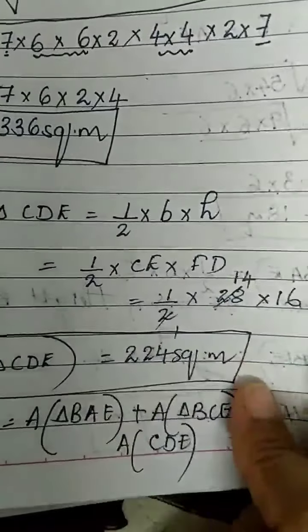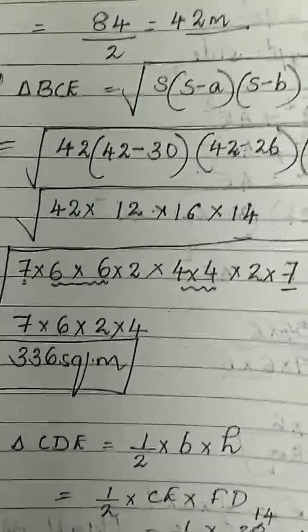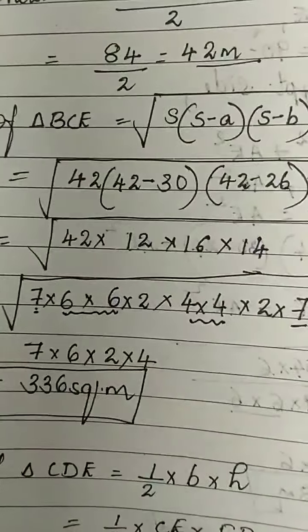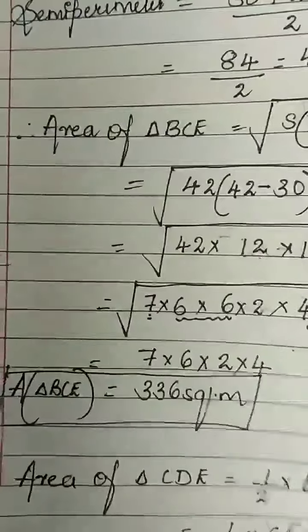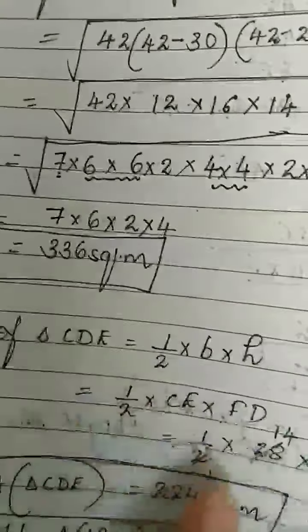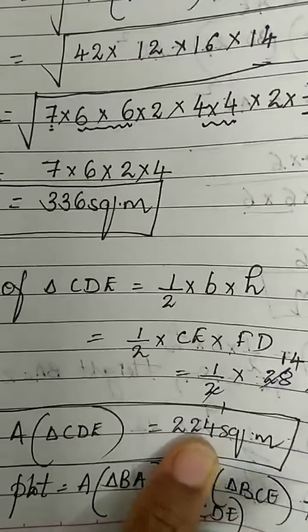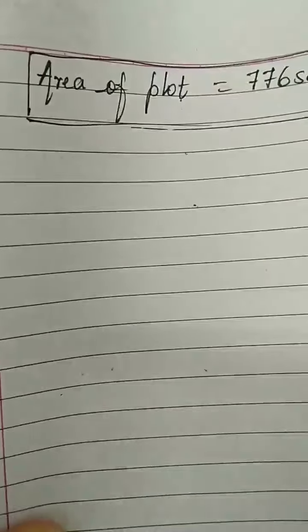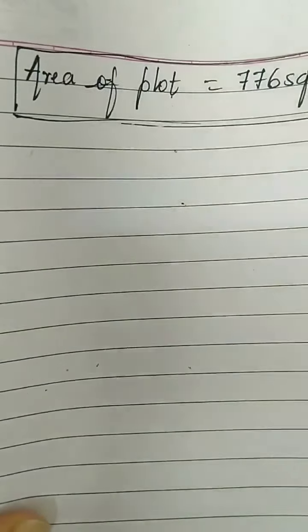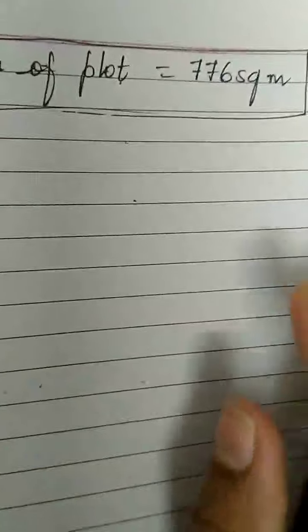Which is equal to, first triangle we got how much? First triangle was 216. So 216 plus 336 plus 224. Calculate. How much are you getting? So we are getting total area as 776 square meter.